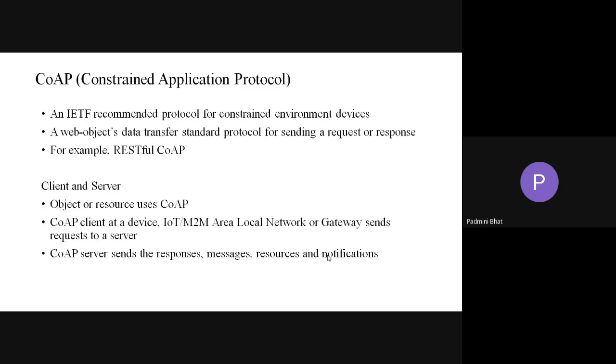And what happens to the client and server? Object and resource, both use CoAP, that is constrained application protocol. CoAP client at a device, then the IoT or M2M area network or gateway sends a request to the server. The CoAP server sends the responses, messages, resources, and notifications, all in constrained application protocol only.